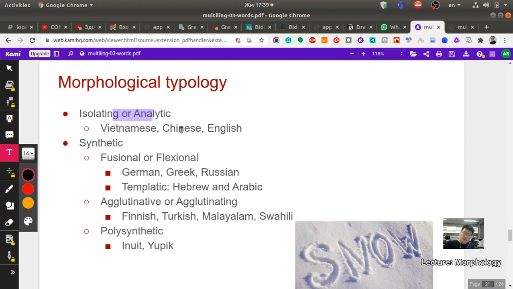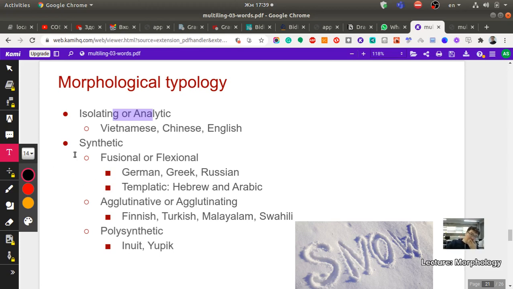English is the same, because in English you have only a limited set of these forms. For example, in a verb you have three forms, in a noun you have only two forms, plural and singular, and also clitics, like the possessive, something like this.